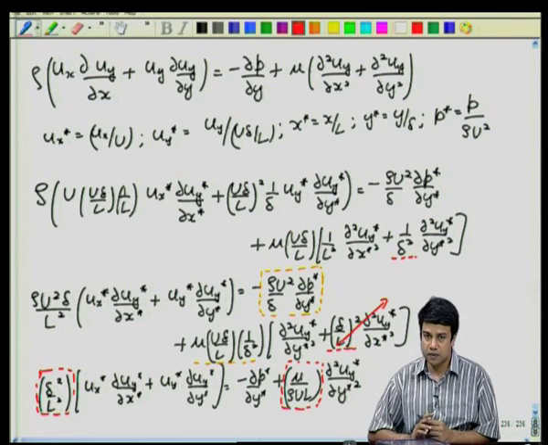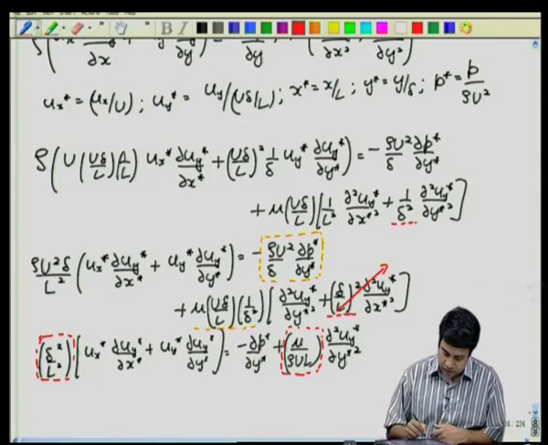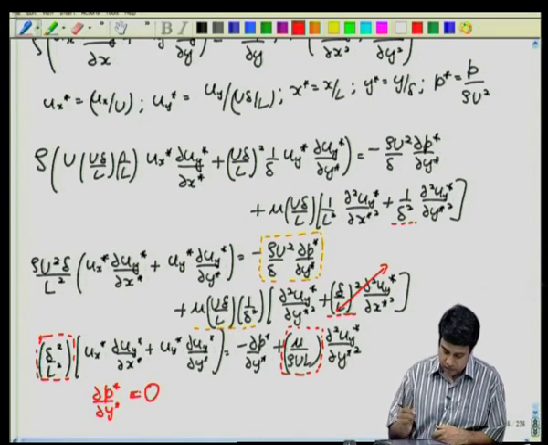Reynolds number based upon the plate length L is also large, and therefore, this is also small. What ultimately the equation for the cross stream momentum reduces to is that the pressure gradient in the cross stream direction is equal to 0. The cross stream equation basically reduces to partial P by partial y is equal to 0.